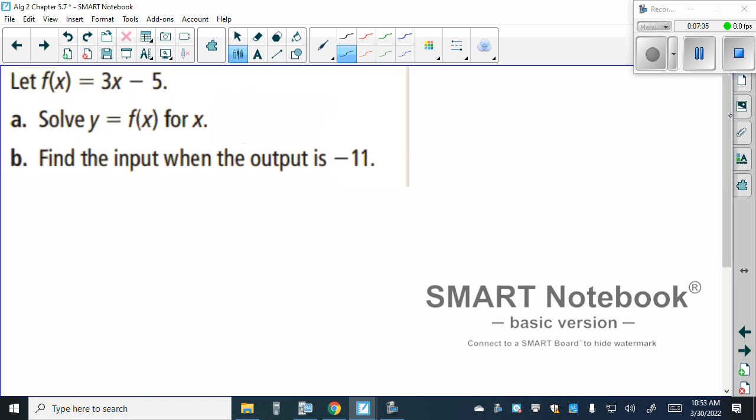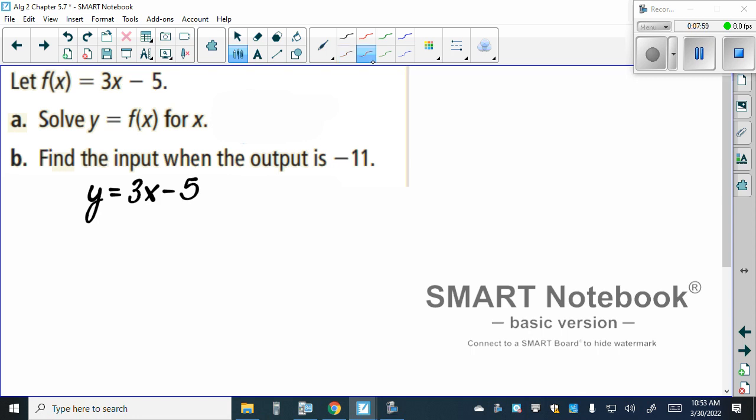I know it says solve y equals f of x for x, but we're just going to go on and use our inverse steps. Now our first main step in finding the inverse, switching x and y, we're solving for the inverse. Well, we need to rewrite this as y is equal to 3x minus 5.